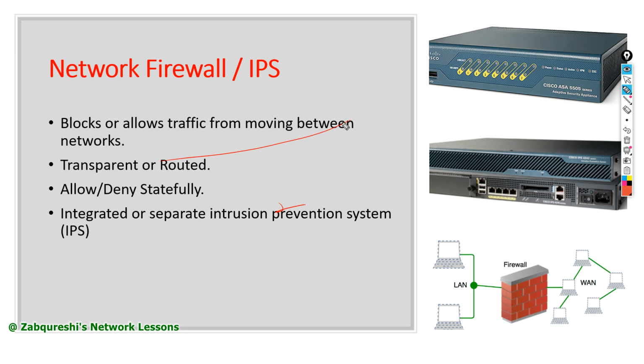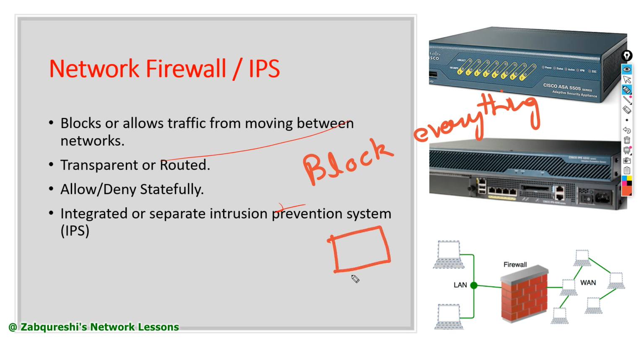But in the case of a firewall, the default behavior is to block everything and allow explicitly. Implicitly it denies all traffic coming to the firewall. For example, we have the firewall, we have the LAN segment, we have a switch inside, and outside we have the internet connected, or maybe a router before that, or this firewall can also do routing.